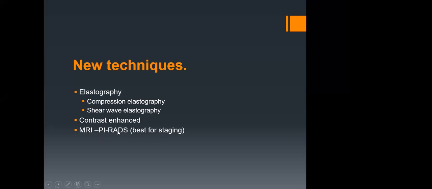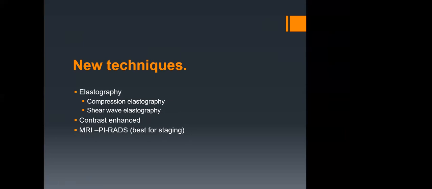It has what we call the PIRADS, the Prostatic Imaging Reporting and Data Systems, just like we have BIRADS for breast, TIRADS for thyroid, LIRADS for the liver, or OVIRADS for the ovary. So MRI has better staging because of these PIRADS.